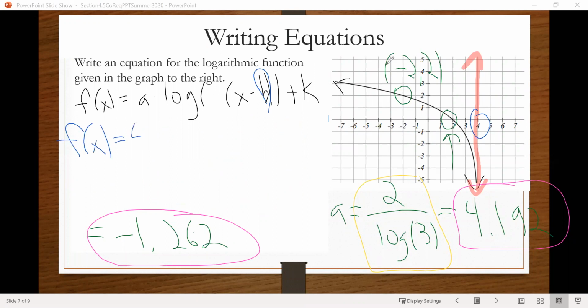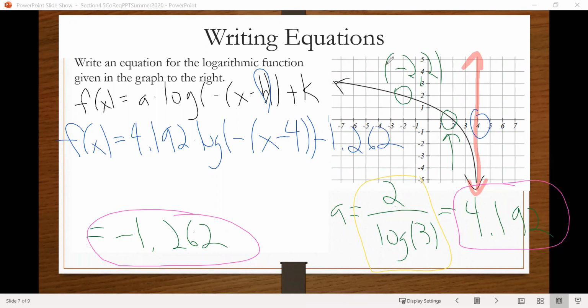So this will become f of x equals 4.192 times log of negative x minus 4, minus 1.262. Okay, and that, my friends, will be our equation. And we could, of course, check that this is correct by taking what we got there, graphing it, and seeing that it looks like the graph we started with.